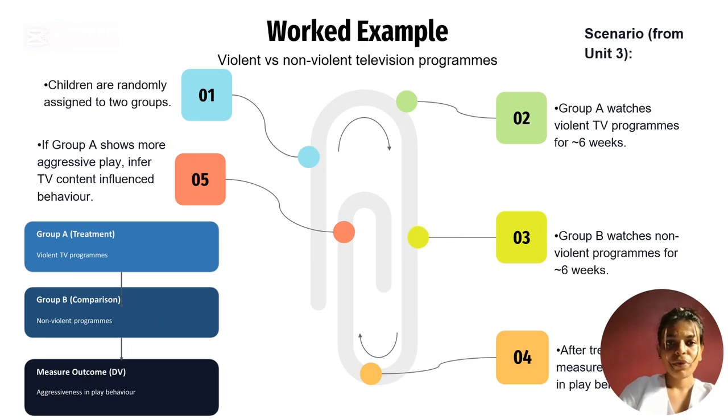We find that group A shows more aggression, and this was influenced by the content they consumed. Now, it is important as a researcher or educator conducting this study that we know what actually counts as aggressive play, and we also have to keep in mind the factors that are similar across the other groups.